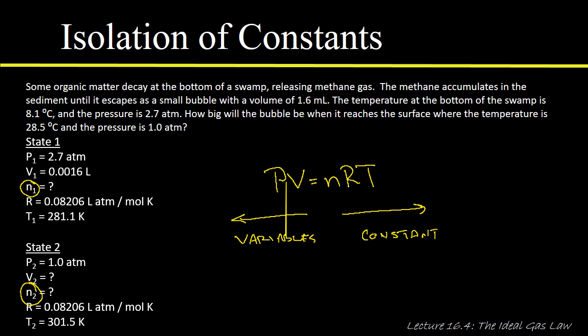But really, since that's the same, we don't need a subscript. We can just say the number of moles at the beginning in state 1 is n, and at the end in state 2 is also n. The subscripts are not necessary, and the number of moles is going to be a constant. Okay, so let's see how that works when we do the math here.